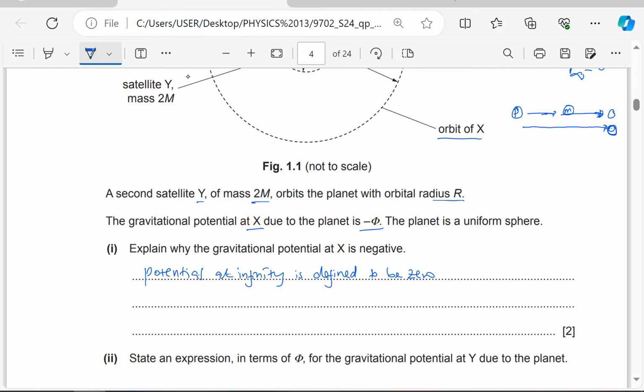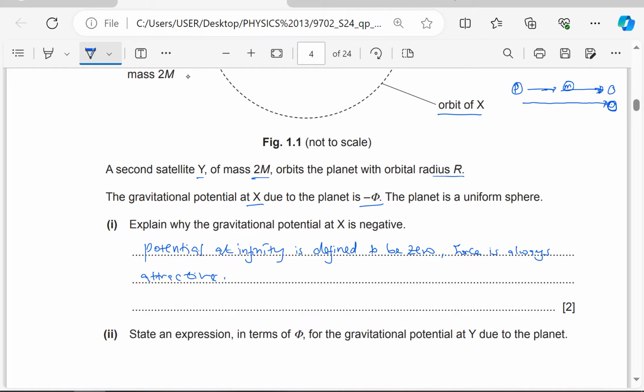So potential at infinity is defined to be zero, and the force between the two masses is attractive. The two masses are supposed to always attract. The force is always attractive.